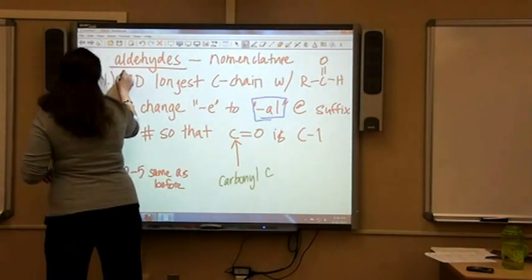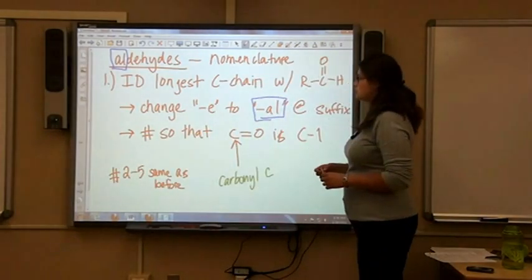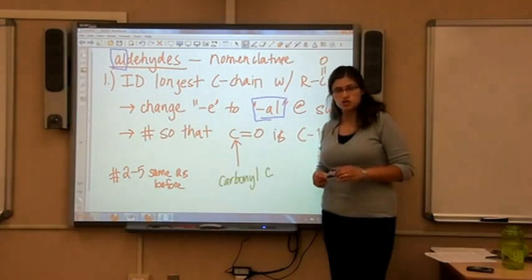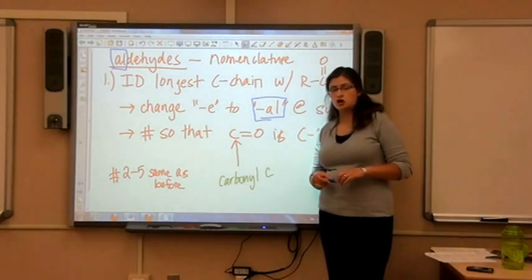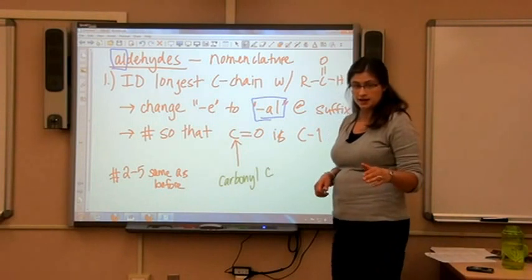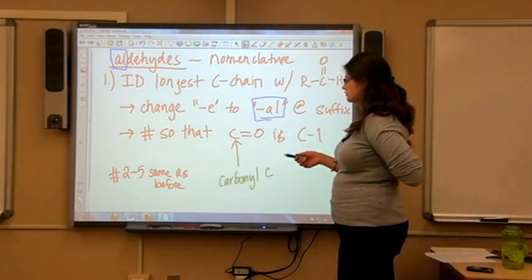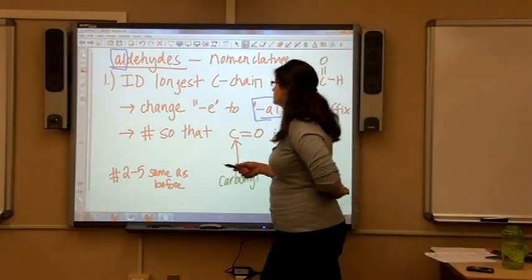AL is for the AL in aldehyde. We're going to always number our chain so that the carbonyl carbon is always carbon 1, because in aldehydes that comes at the very end of the molecule. And steps 2 through 5 are the same as they've been before.